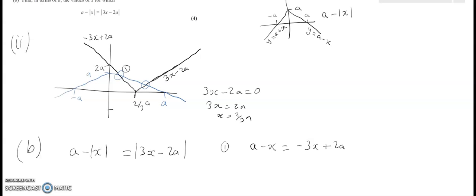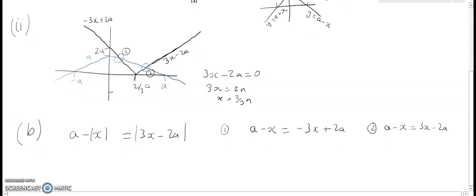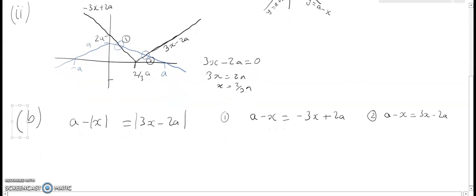And then intersection point number 2 you're going to find by doing right hand leg of first graph is equal to left hand leg of second graph. And those are the two equations we're going to solve to find the intersection points. So let's just do that.